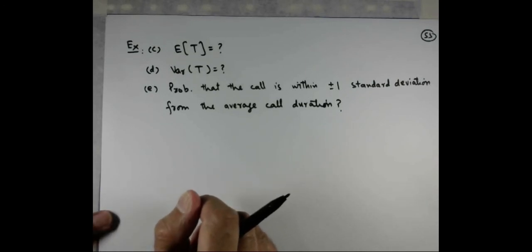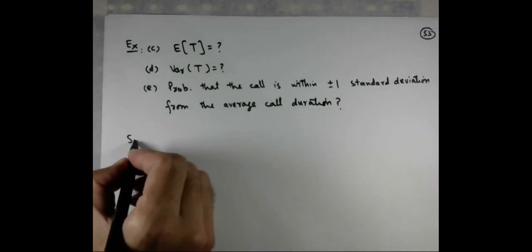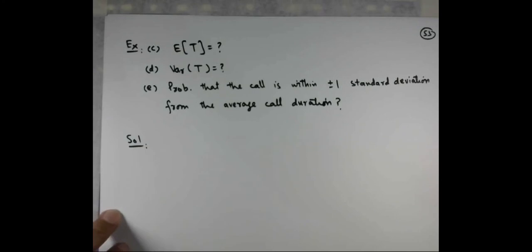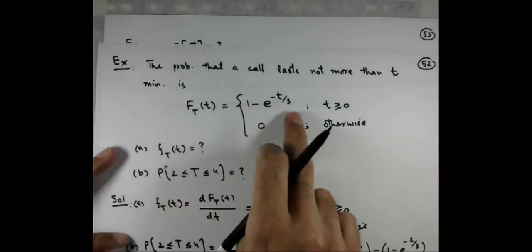So first we find the expected call duration, which means the average call time for this exchange with this particular CDF distribution. And the parameter A here is 1/3.